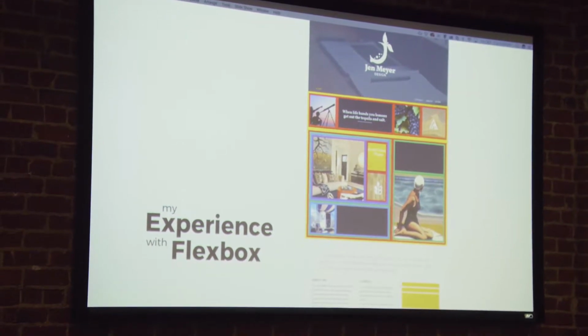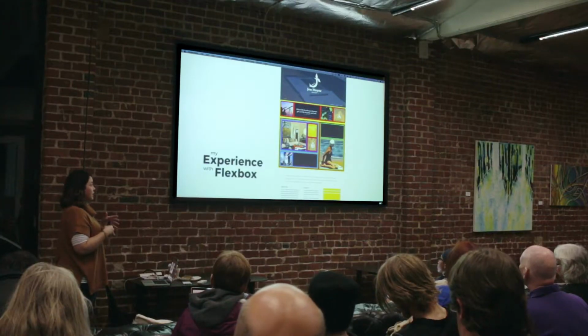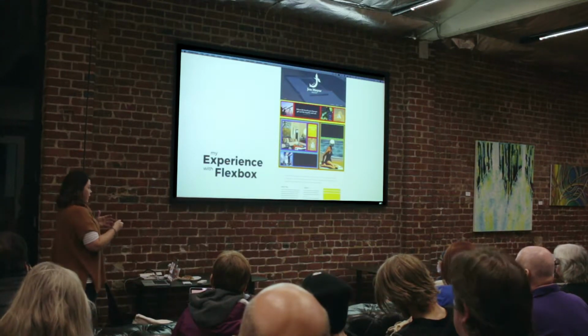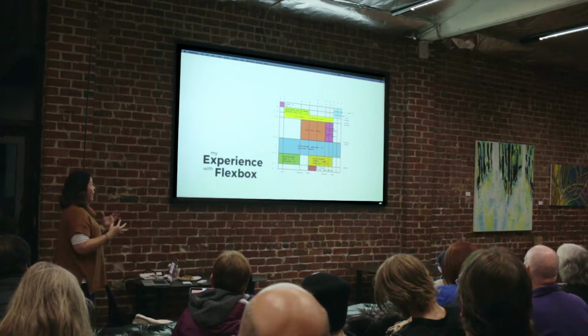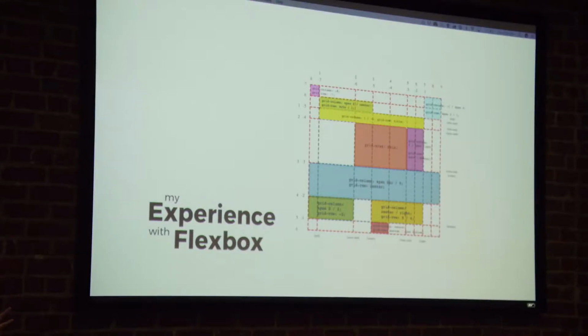So then I thought, okay, if I were to go ahead and do this in CSS Grid, what would that look like? And that gave me even more of a headache. So this is essentially how I would do it in CSS Grid. I didn't go that far with this because my brain started to hurt, and I'm not entirely sure that this is a direction that I want to go in, but yeah, this is what it would look like.